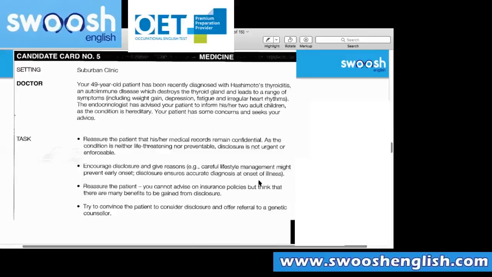And now my biggest concern is that because it's a genetic disease, should I also ask my children to get tested and to get early diagnosis? Would it be beneficial if I do that?